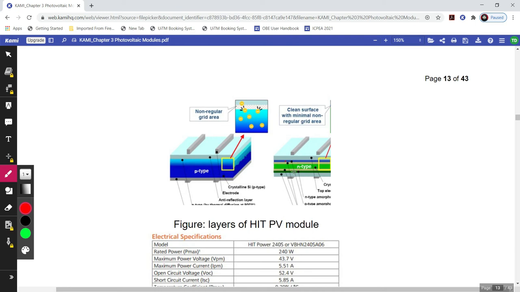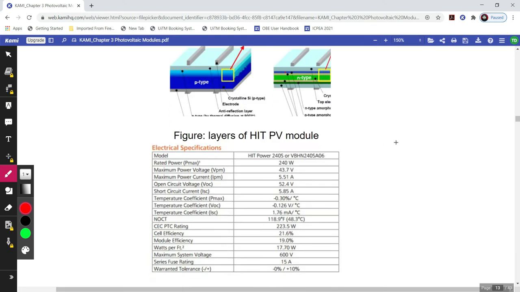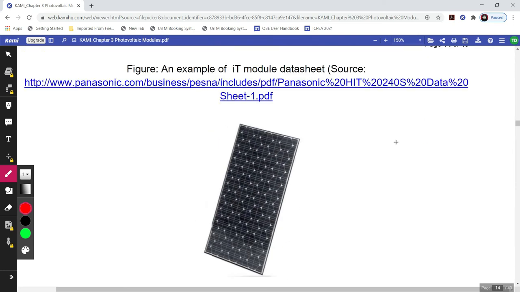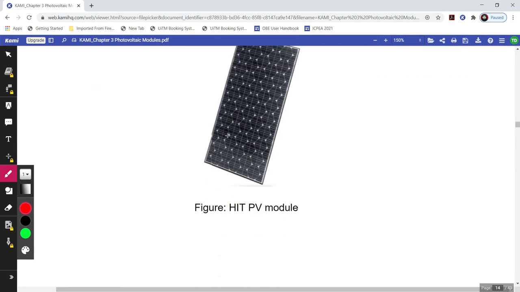So that's why they have these two layers here. So this is an example of the HIT module. Example here, this is the shape of the module, which is a hexagon.